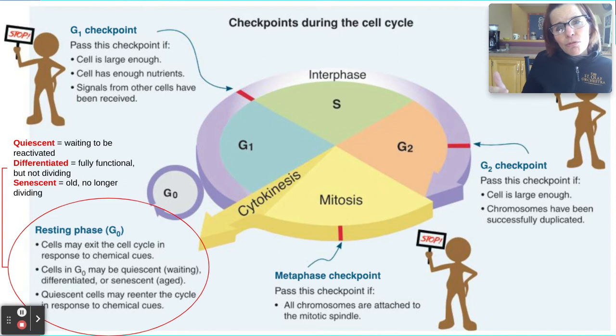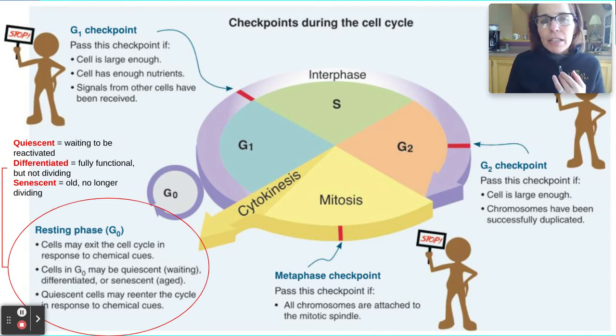Then there's a G2 checkpoint. This one is also checking to make sure the cell is in fact large enough to divide and that the chromosomes have been successfully duplicated. Remember that that's what's happening. DNA replication, I'm showing the bivalent chromosomes, are being made during the S phase. And if that gets screwed up somehow, the G2 checkpoint, what is a G2 checkpoint?